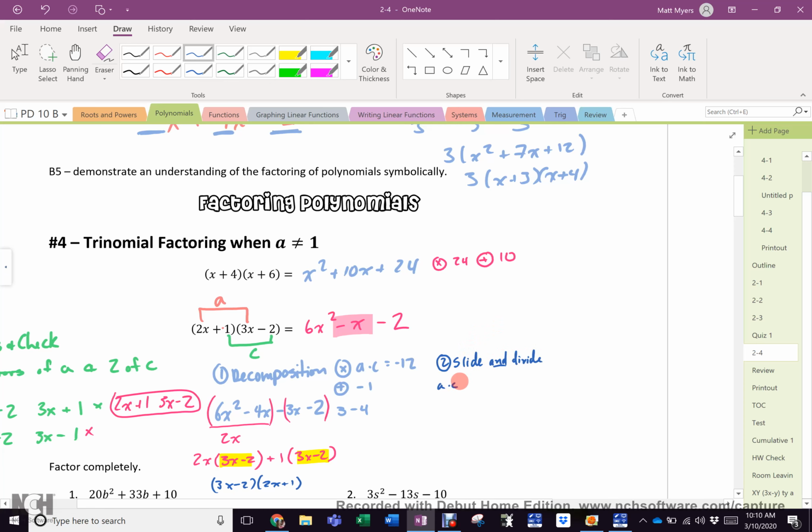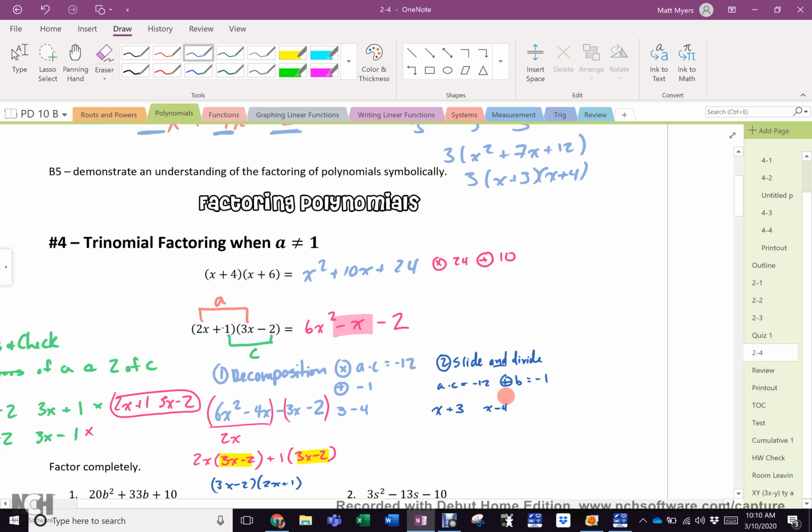A times C, which equals negative 12, and add to B, which equals negative 1. And we know it's 3 and 4, right? So we do x squared, not x squared, x plus 3 and x minus 4.